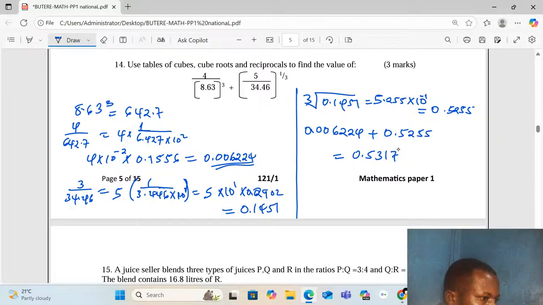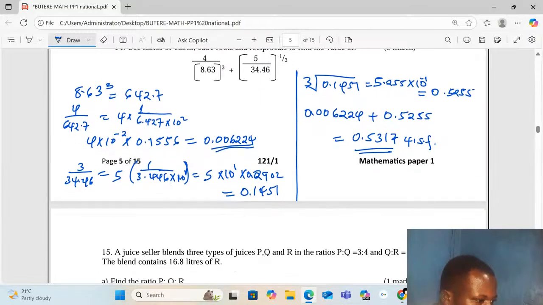That is a 4 significant figures. We just have it to 4 significant figures. So in 4 significant figures, we're going to get 0.5317 as the solution for that, using the tables of cubes, cube roots, and reciprocals. We arrive at that.